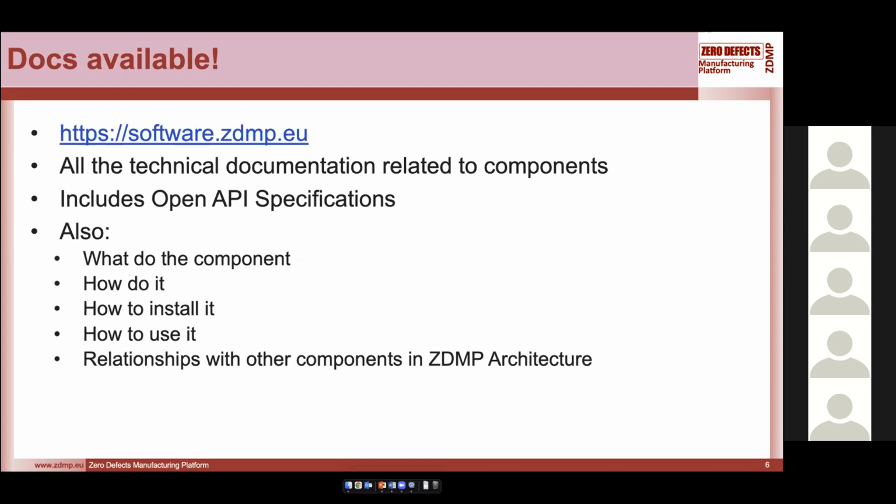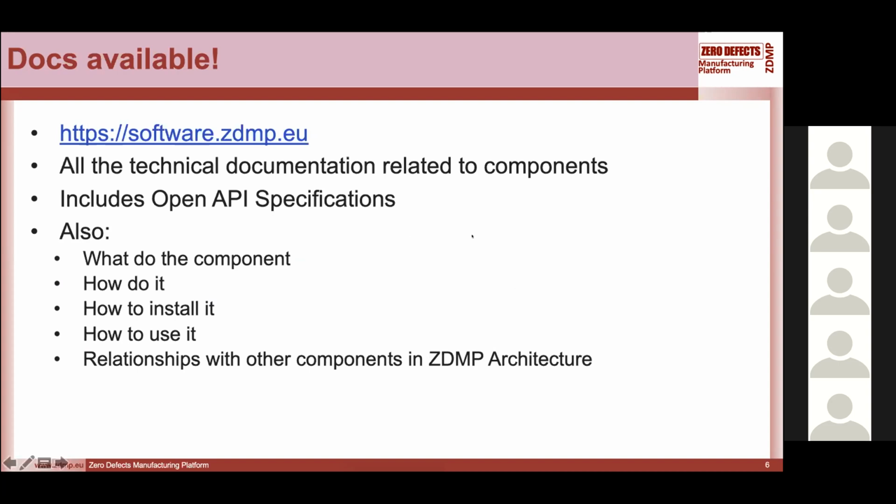That includes also the open API specs and all the important things of every component: what the component does, how it does it, how to install it, how to use it, and what the relationships are between that component and the other components in the Cdmp architecture. There are also some fancy videos showing the features of every component.